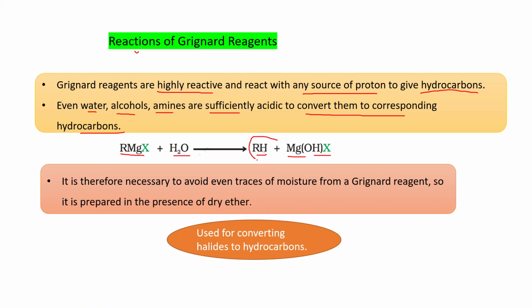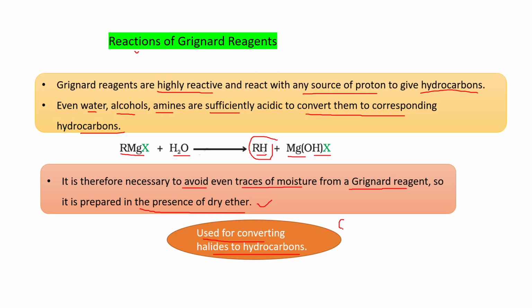This is hydrocarbon. Okay. It is therefore necessary to avoid even traces of moisture from a Grignard reagent. Even a small amount of moisture should not be present. That's why it is prepared in the presence of dry ether. We already discussed. And this reaction is used for converting halides to hydrocarbons.